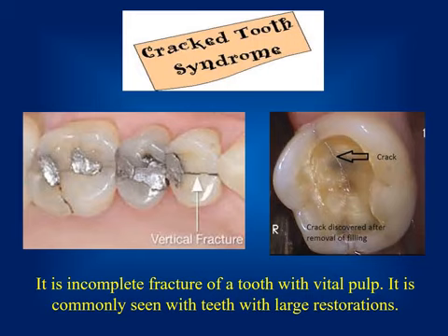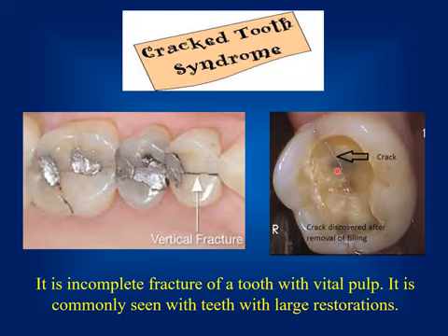When the tooth experiences a fracture, whether it is vertical or horizontal, it may be clinically evident, or sometimes the patient comes and says that he has got severe pain, and we see that there's a filling, and this filling doesn't show any signs of a crack.